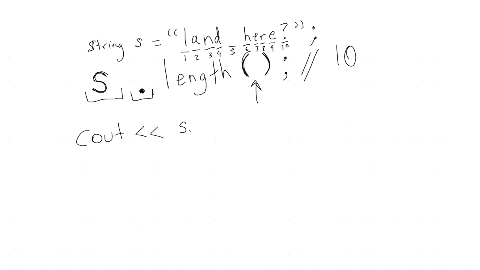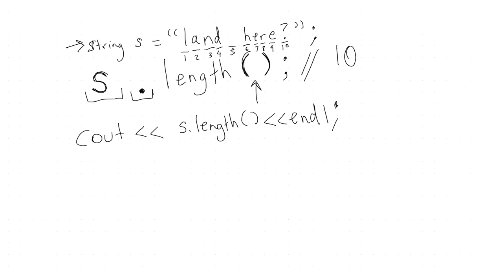So if I write s.length here, what you should see when you compile this is 10 should get printed to the screen, so long as you declare string s first.